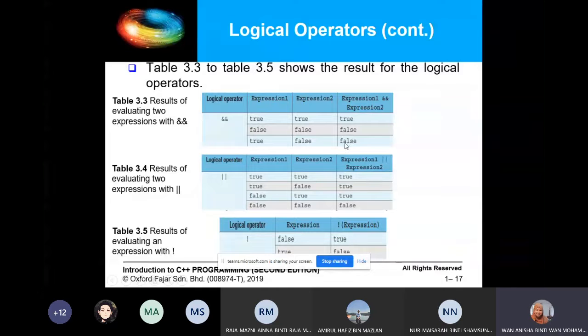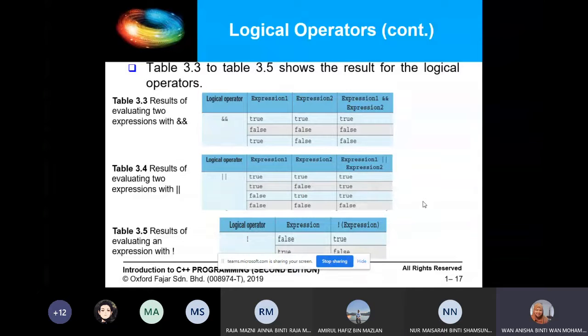But for logical operator or, if one of the expression is true, the answer will still become true. Kalau and, both must be true. Kalau or, either one is true here. And kalau not, is the reverse. If it is false, it will become true. Otherwise, if it is true, it will become false here. Can you see the difference between these three?